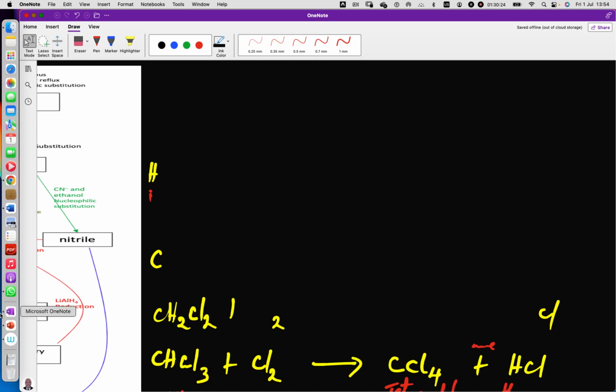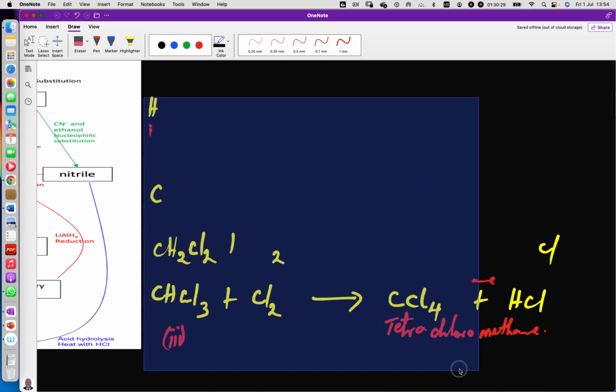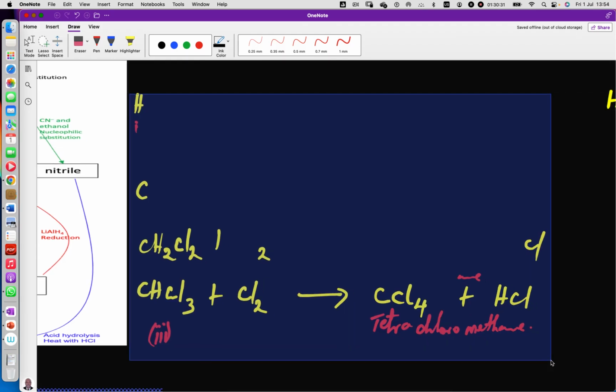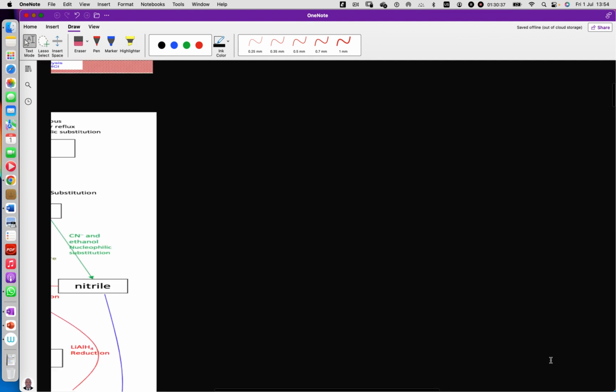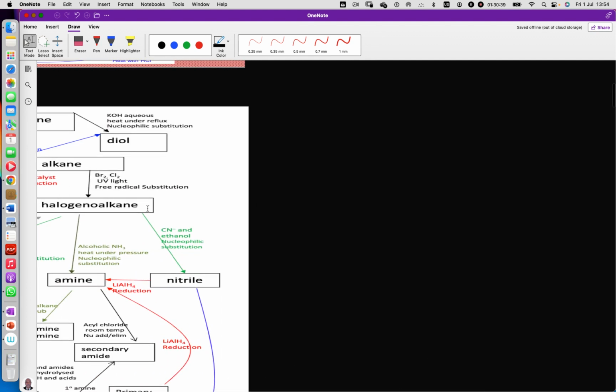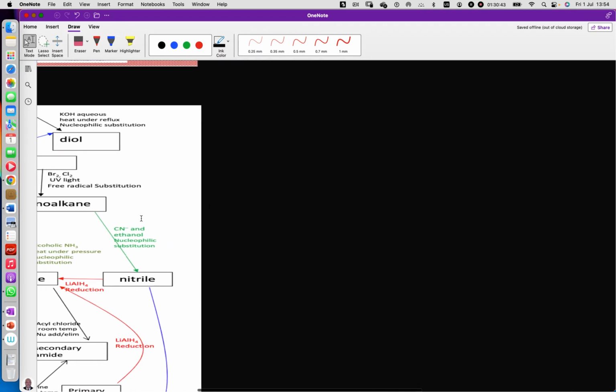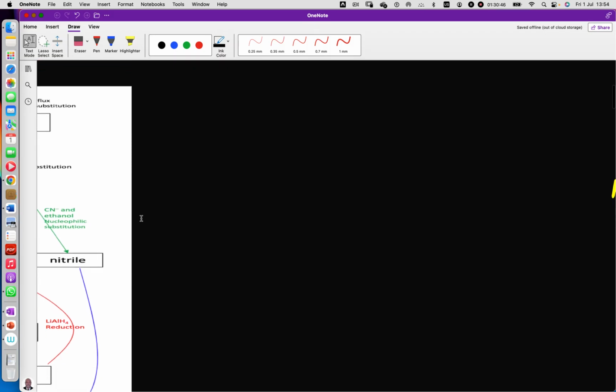There are three stages in the free radical substitution. We have the initiation stage, we will have the propagation stage, and we will also have the termination stage. Now this is the normal one, then the free radical stage for alkane to halogenoalkane. Now the free radical stage is this one.